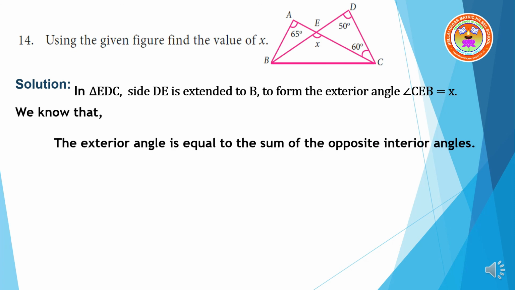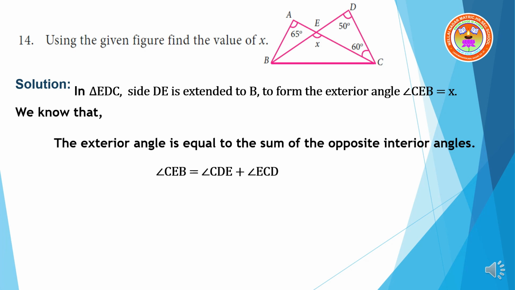Now, using the property exterior angle is equal to the sum of the opposite interior angles, we can write angle CEB, that is exterior angle, equal to angle CDE plus angle ECD.